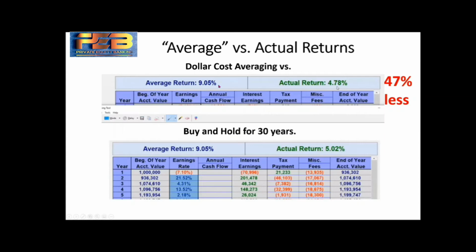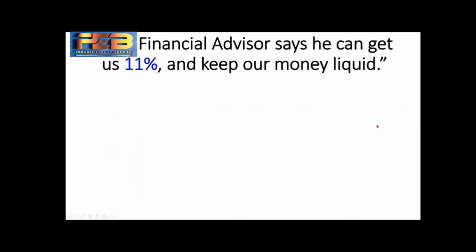So we'd get advertised, well, I can get you an average rate of return of 9, but the reality is it's about 47% less, or 4.78. And if we could do the buy and hold where we just threw $1 million into an account or 100,000 into an account and just let it sit there for 30 years, you're looking at about 45% less than what's actually advertised. So when my friend's financial advisor said he can get them 11, they probably need to cut that number by somewhere around here and get a reality check, okay?